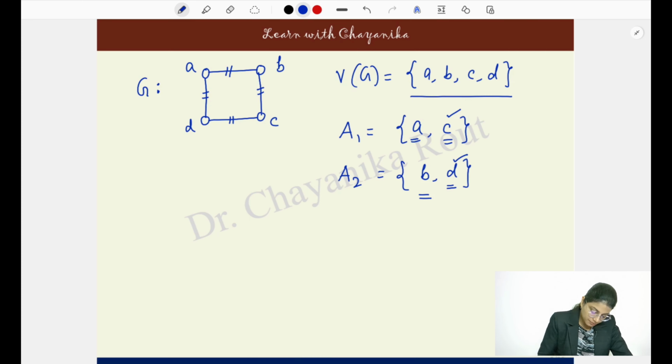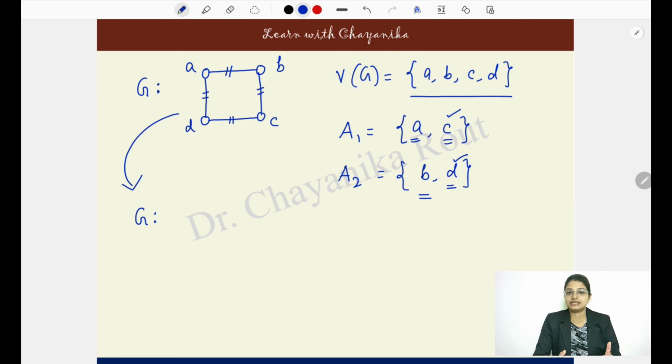What we will do is, given any graph G, let's draw the same graph G in the suitable orientation of a bipartite graph. Let's see how a bipartite graph looks like. The same graph will have a different orientation, which is basically the standard orientation of any bipartite graph. See, I already have my partite sets here. What we have to do is, we have to keep the vertices of one partite set in one row.